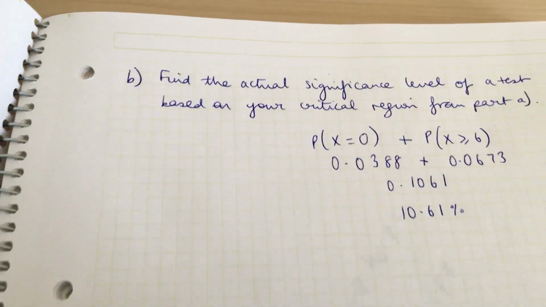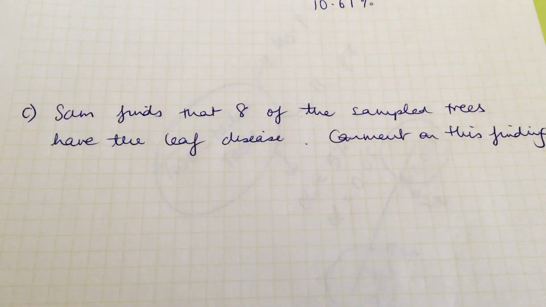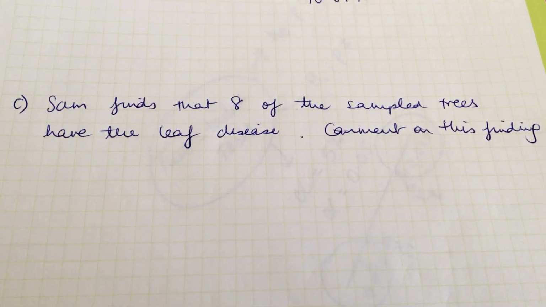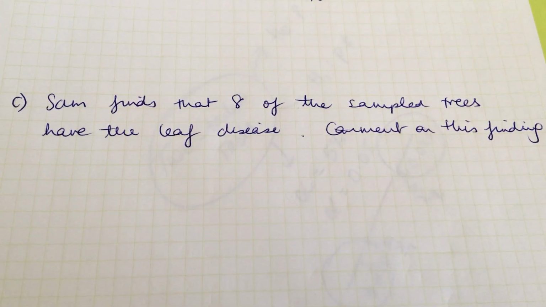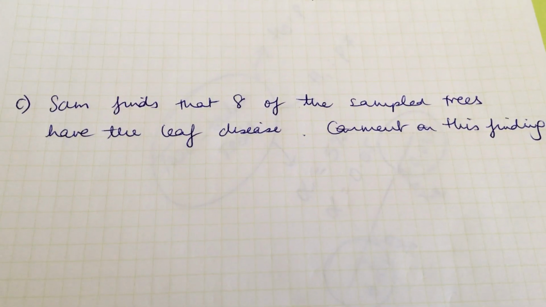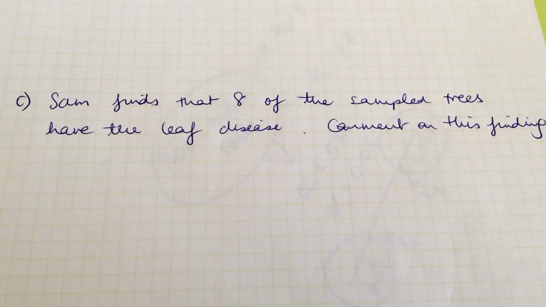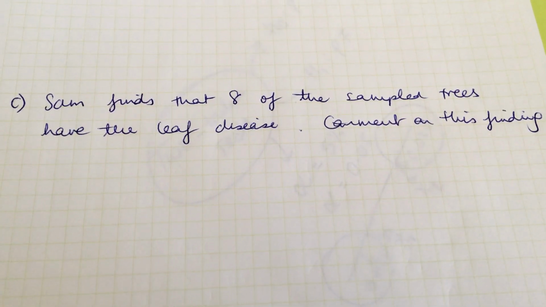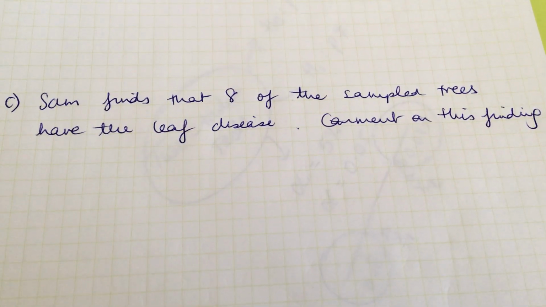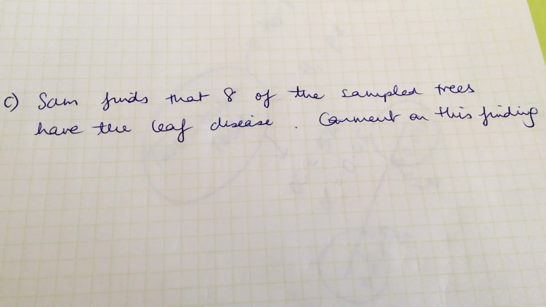Part C. Sam finds that 8 of the sample trees have the leaf disease. Comment on this finding. Now, this observed value of 8 falls within our critical region, because our critical region is that the number of trees for us to reject the null and accept the alternative has to be greater than or equal to 6.